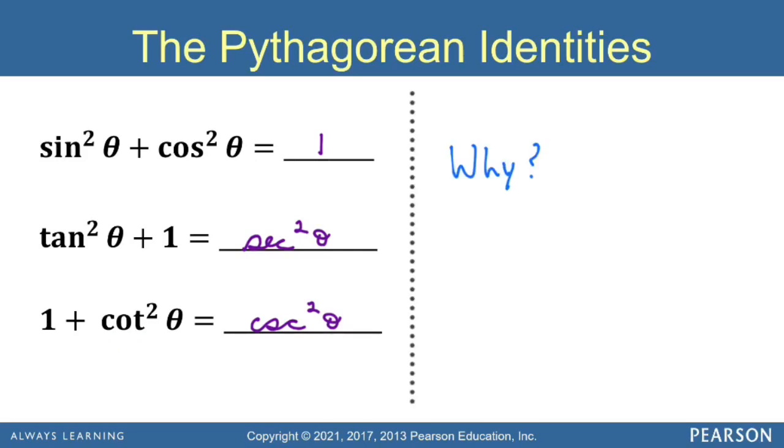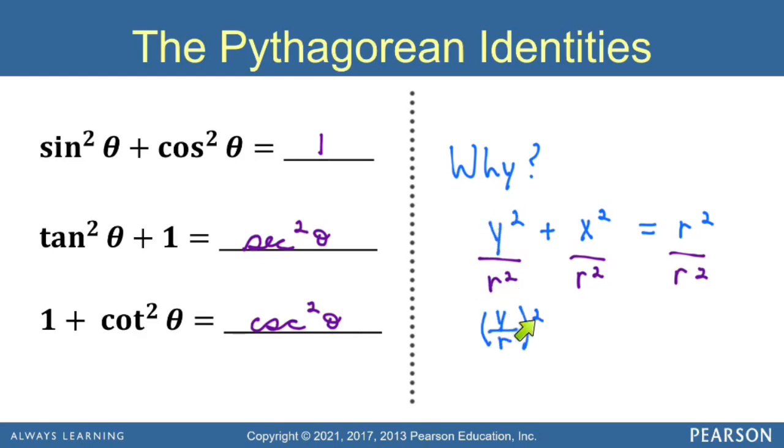So now let's talk about why these identities are true. And we've seen this before, but I think it's worth going back over to help you really understand what's happening here. So we remember the old basic Pythagorean theorem. Y squared plus x squared equals r squared. If we were to divide through by r squared, and notice it does have to be r squared, not just r, but r squared, then because both the top and bottom have the same exponent here, we can write this fraction in parentheses with one exponent outside.